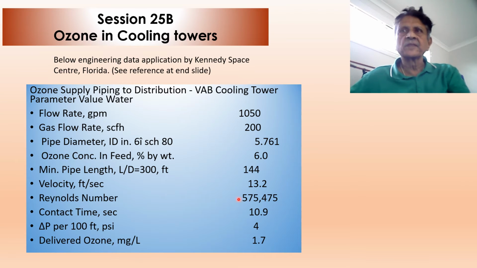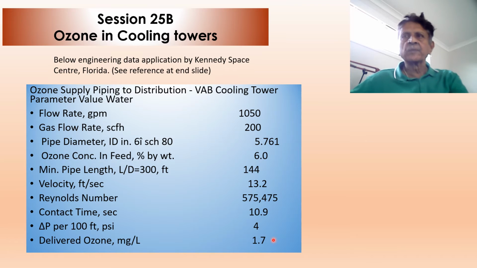Velocity flow rate, that is 13.2. Reynolds number, this is to do with turbulence and mixing, etc., is 575 to 475. Contact time, they had about 10 seconds for the ozone to contact with the water. The pressure per 100 feet is 4 psi, and ozone was delivered only as 1.5 to 1.7 ppm.